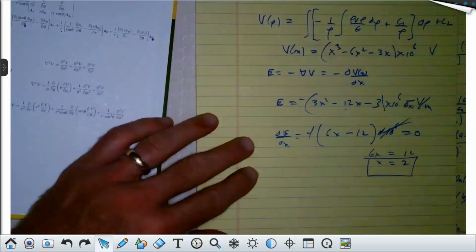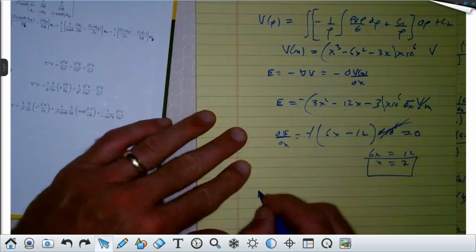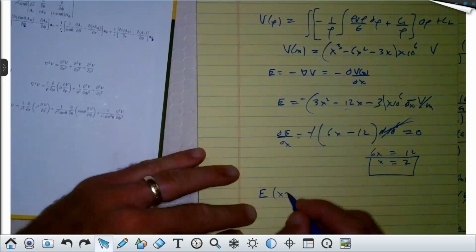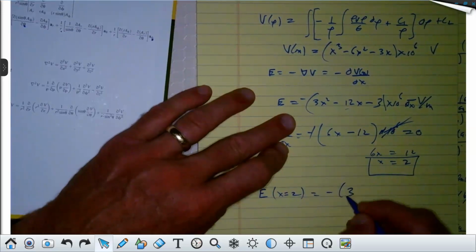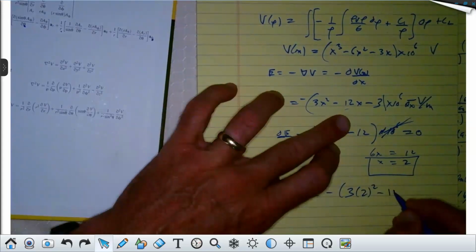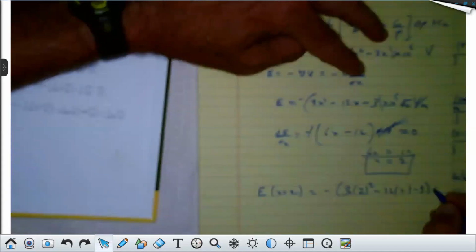So then you go back to the E field equation and evaluate. The E field at x equals 2 is minus the quantity 3 times 2 squared minus 12 times 2 minus 3, times 10 to the 6th.